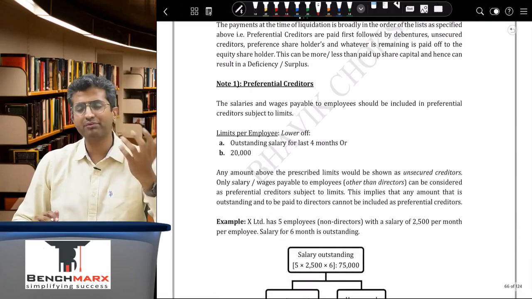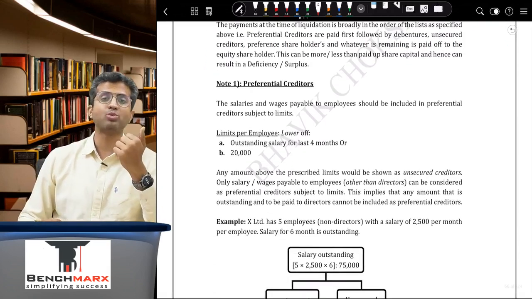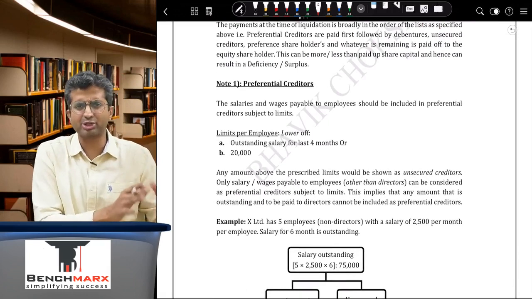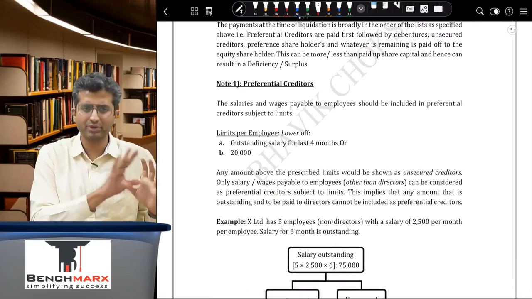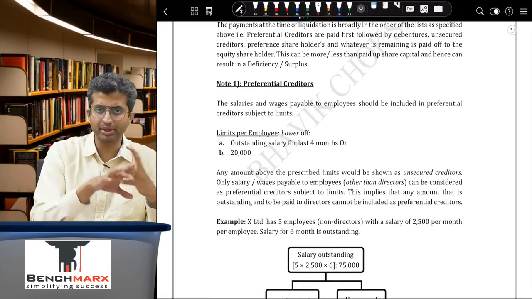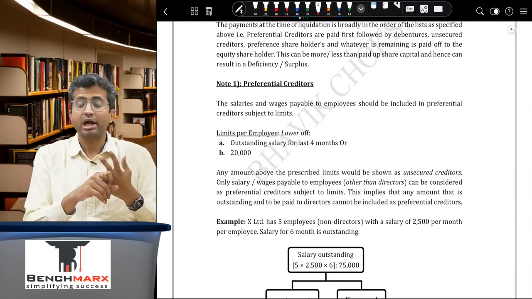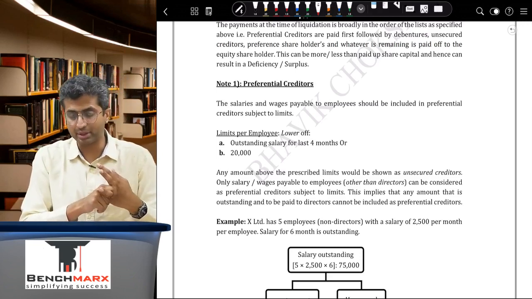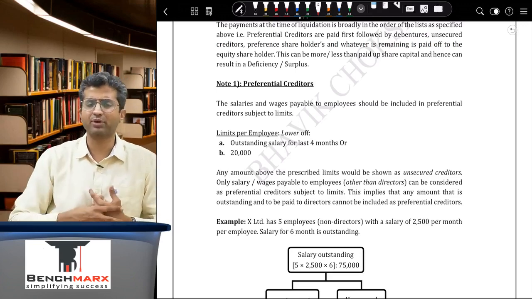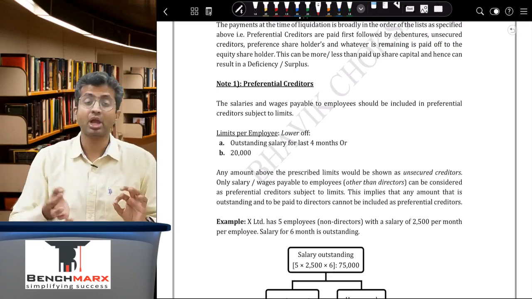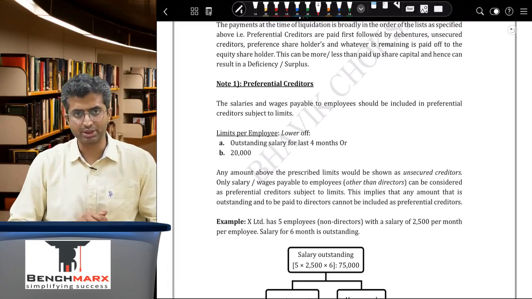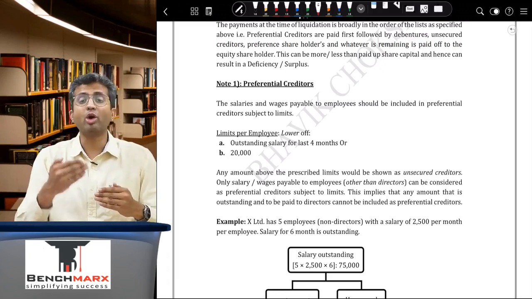Achha, now before we proceed, we want to understand what is meant by preferential creditors. As we said, usually the common items are dues to the government, which can be taxes, TDS, GST, anything, can be salaries and wages, and can be expenses for investigation in the course of liquidation. We are focusing over here on salaries and wages. Salaries and wages, the law gives the limit.